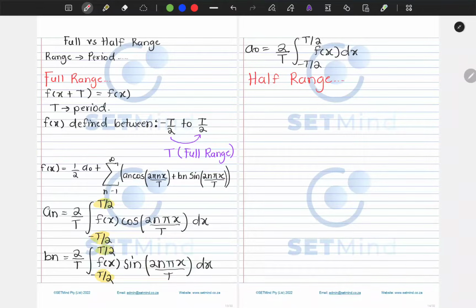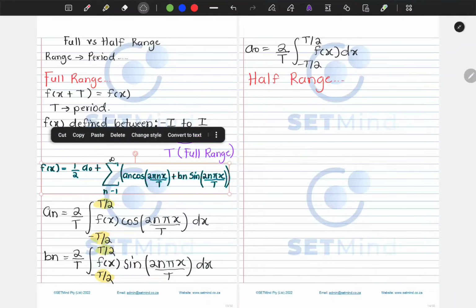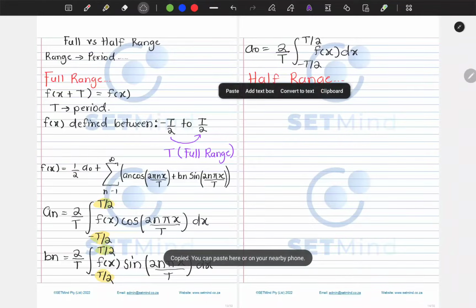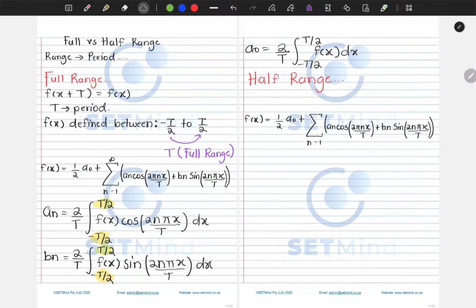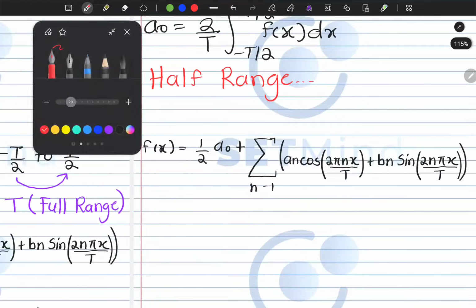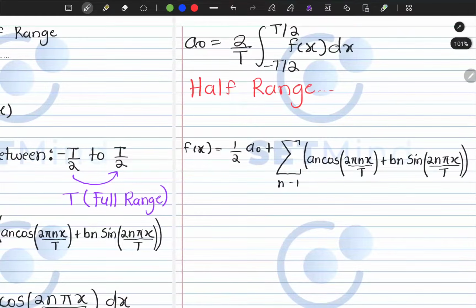So for our half range, it changes how we find our an and our bn and a0. Okay, so for half range, what do we mean? What we mean is that our function will be defined, let's say f of x will be equal to something.